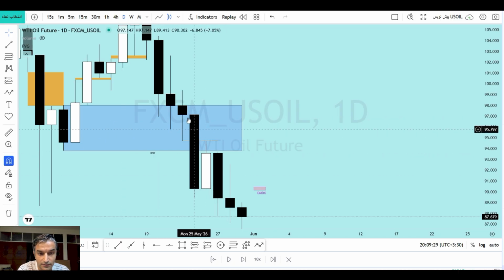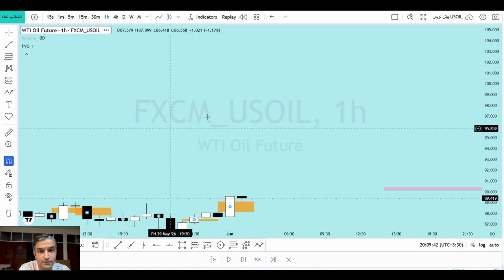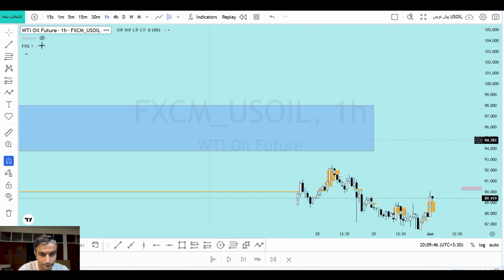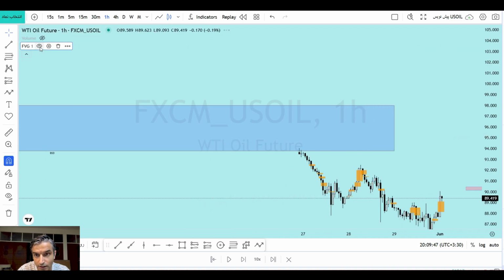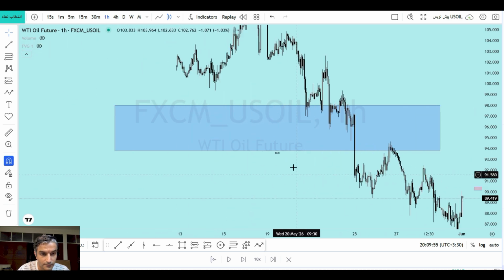First of all, we need to find the unmitigated block in this area. Okay, so I change it to 1 hour time frame, and let me hide this indicator. Okay, let me zoom out a little.